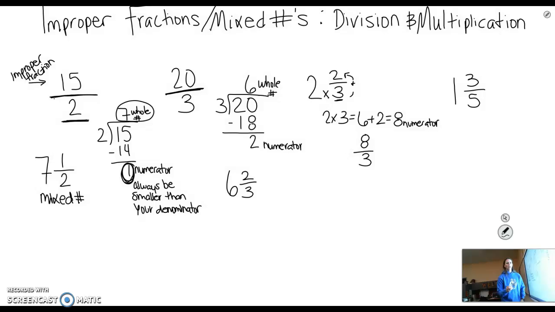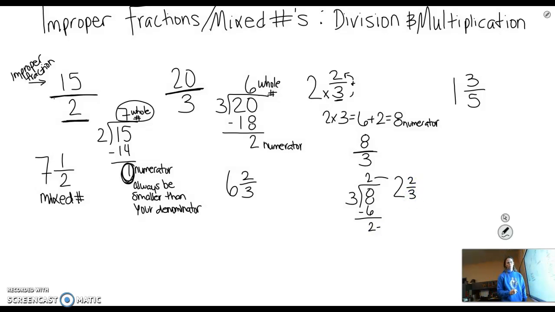And if I want to check, to change this improper fraction back into a mixed number, I would do 8 divided by 3. Well, 3 times 2 is 6. 8 minus 6 is 2. So I have 2 and 2 thirds.